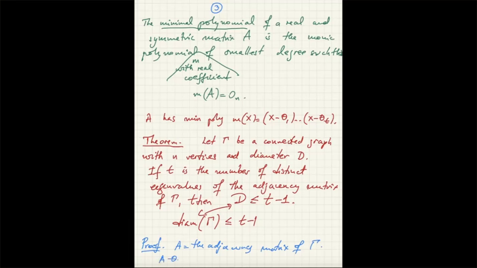We know that (A minus theta 1 identity) ... (A minus theta t identity) is the 0 matrix. What does that mean? That means that when you expand, 0 is a polynomial of degree t in A.